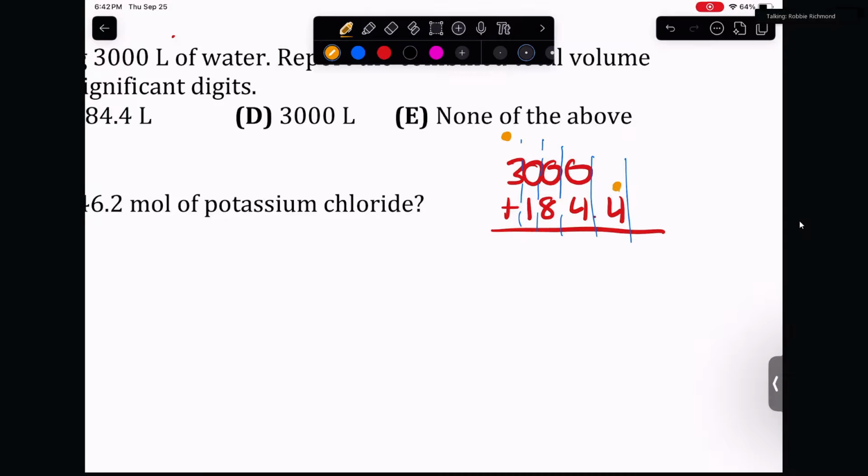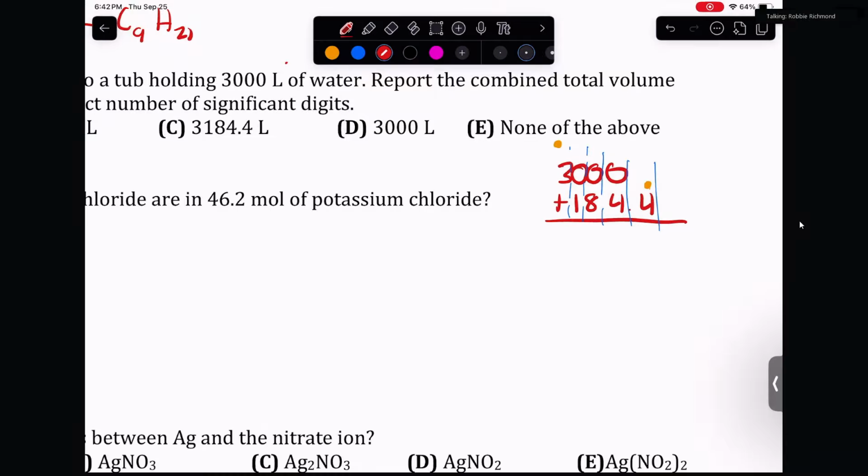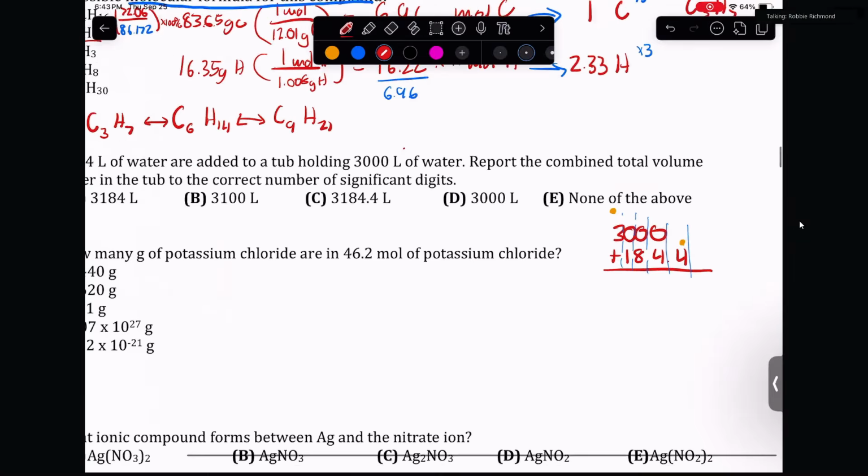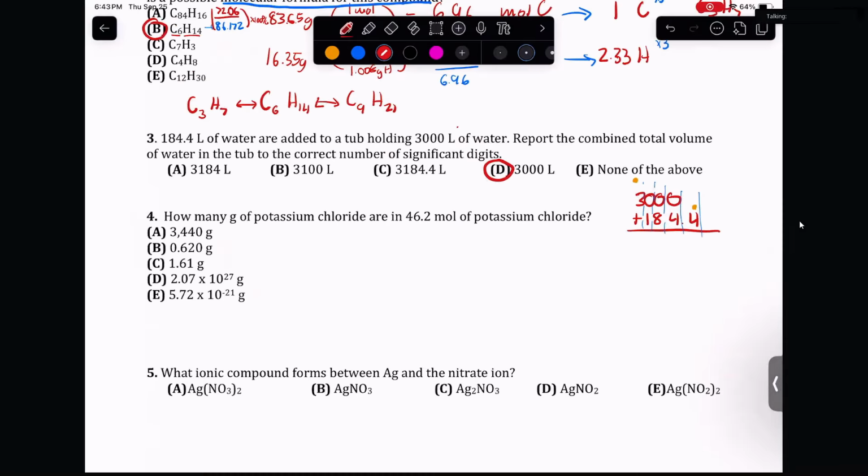The leftmost is where we round it to. So although if you put it in your calculator, you would get 3,184.4, per the addition and subtraction sig fig rules, you would round it to the thousands place, which would simply just be 3,000. Cool.